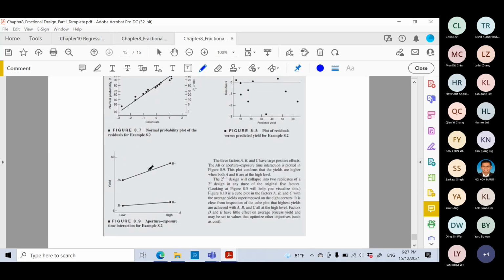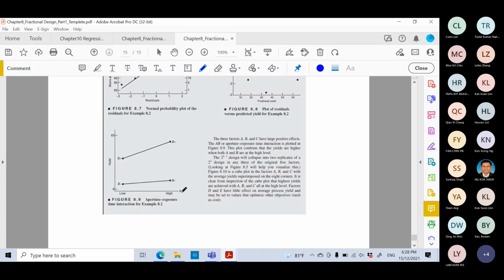Of course, we don't need to plot C, because C can stand alone. So if you plot factor A and factor B for the interaction here, if you want to get the maximum yield, then we should use the high level of factor A, so that we can get the maximum yield value. And between B negative and B positive, clearly we can see that B positive is higher than B negative.